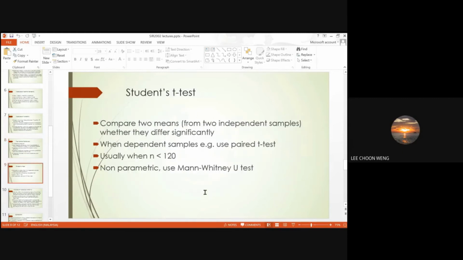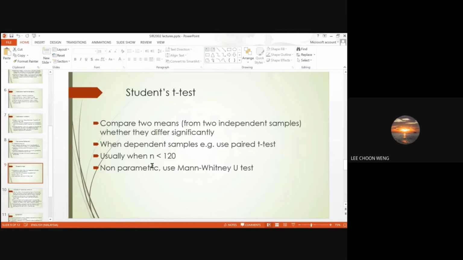So for example, Student's t-test is a parametric statistic. The non-parametric version is the U-test, Mann-Whitney U-test. Basically, I'm sure you remember, Student's t-test is to compare two independent samples to see whether the two samples differ significantly.